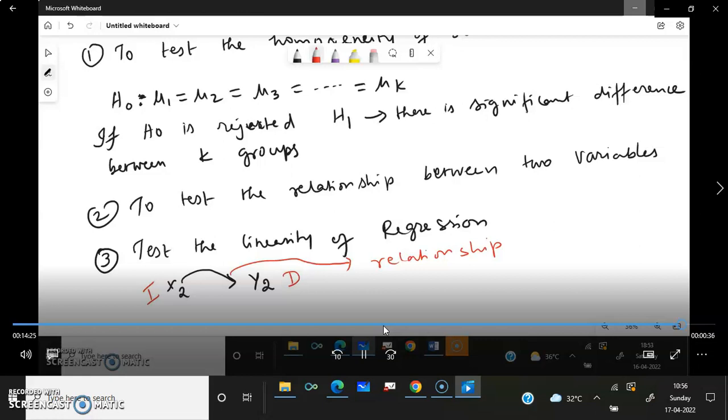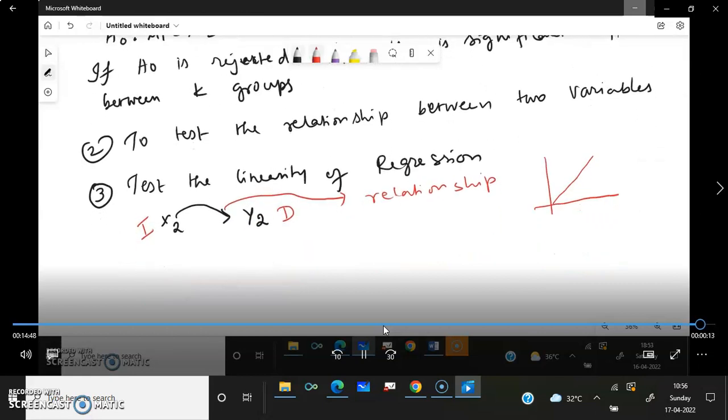And this is nothing but, suppose you have a straight line, y equal to mx plus c, the straight line equation. If there is a change in x, then y also changes. So this relationship you are trying to find. Linearity means the straight line. This is the example of linearity of regression. If you take x and y, you can plot them on a graph like this.